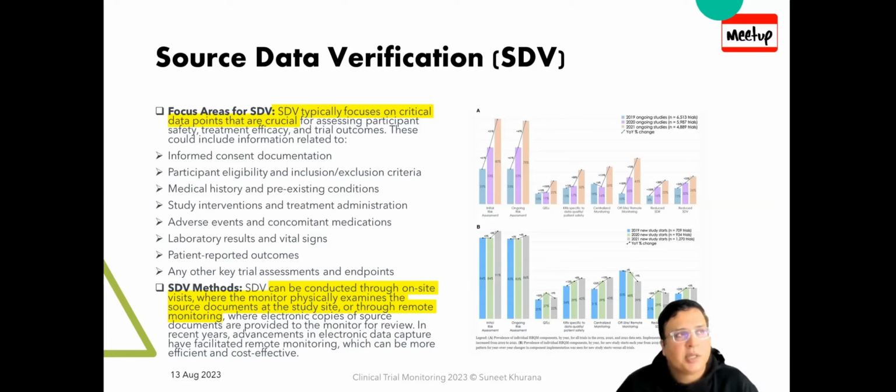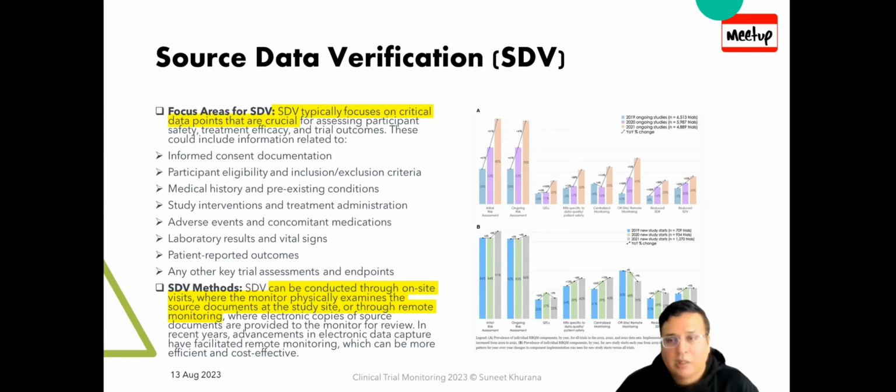For example, let's say there was a patient whose initial lab values were abnormal, and then he missed 2 visits, and the coordinator documented that lab values were abnormal, 2 visits were missed, and then they made an unscheduled visit to collect the data. So that becomes a high risk patient, and then they will come and look at every single thing about that patient.